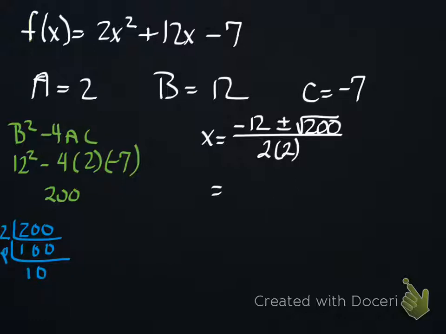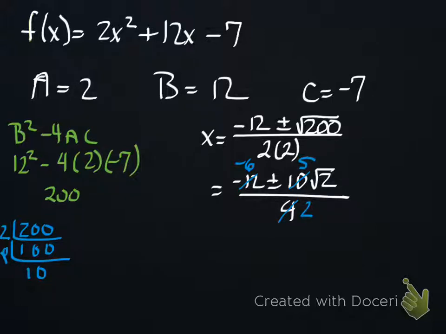So I know a set of 10s can come out. So negative 12 plus or minus 10 square root of 2 divided by 4. Can anything reduce out of all of those? Yeah. We can divide all of those by 2, giving us negative 6, 5, and 2. So negative 6 plus or minus 5 square roots of 2 divided by 2.